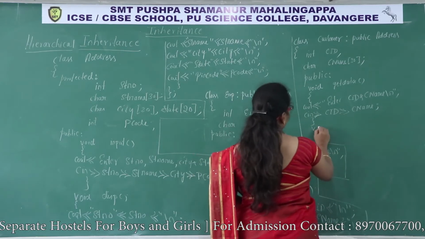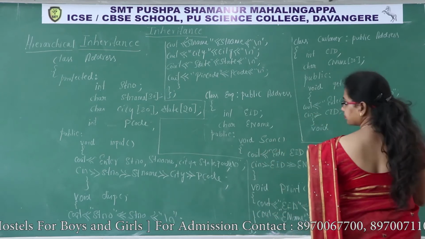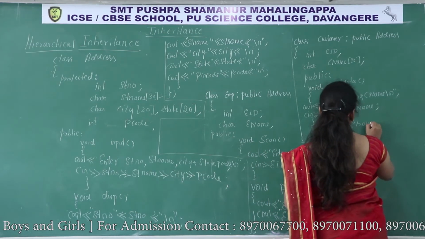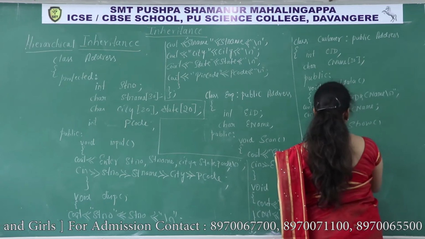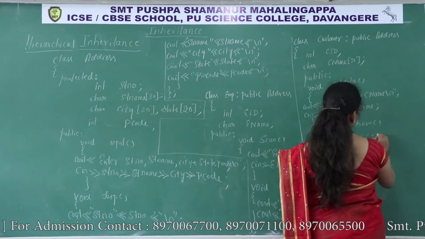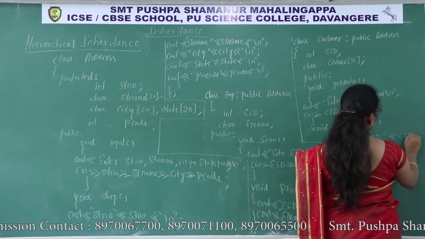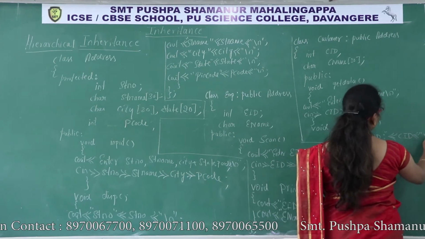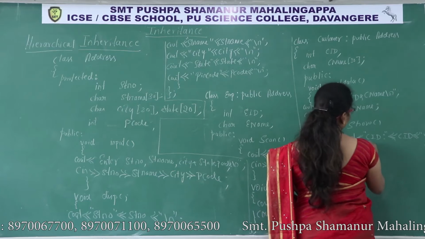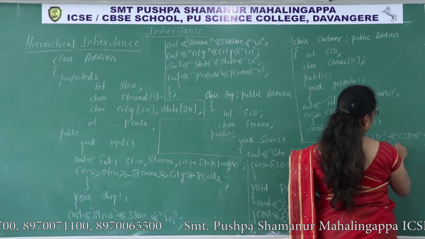Now void show, the name of the function is show: cout customer ID, CID, \n, cout customer name, CNAME.